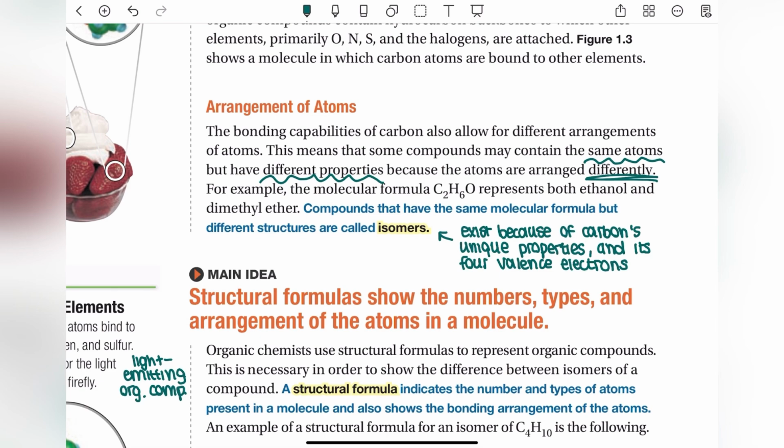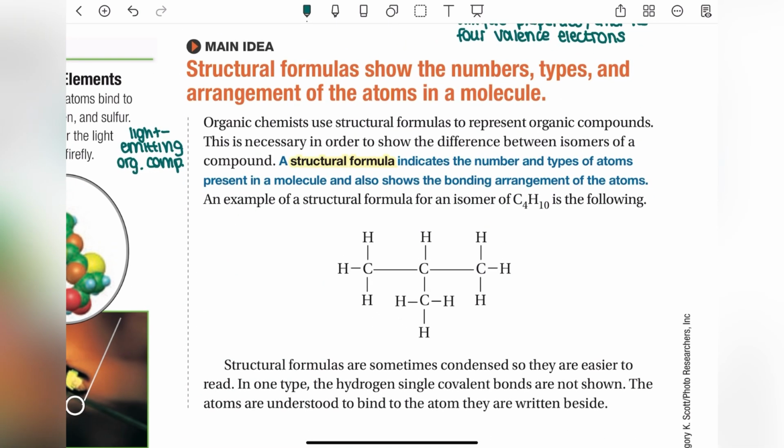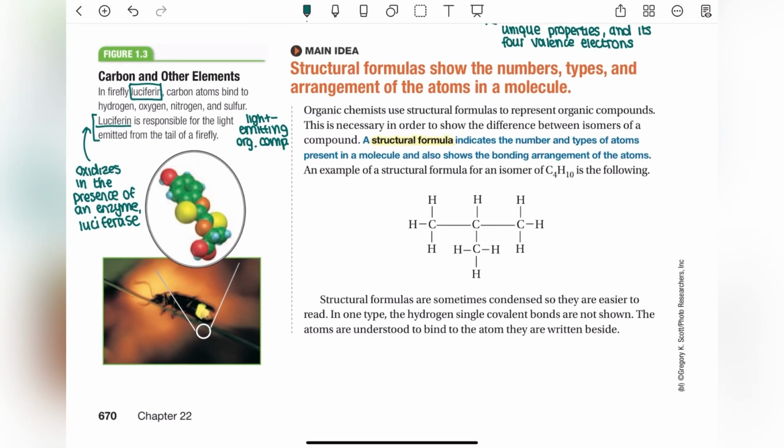Our next main idea is that structural formulas show the numbers, types, and arrangement of the atoms in a molecule. So there are a couple ways that a compound can be represented. One of them is a structural formula.